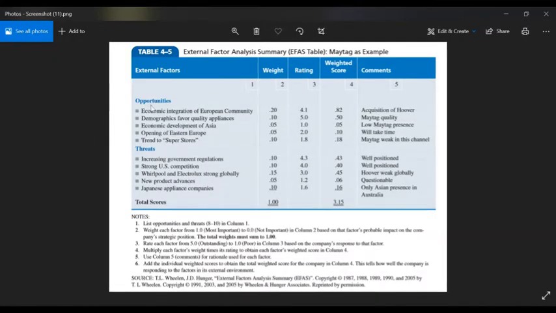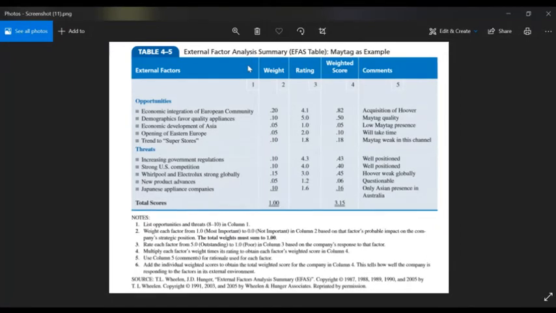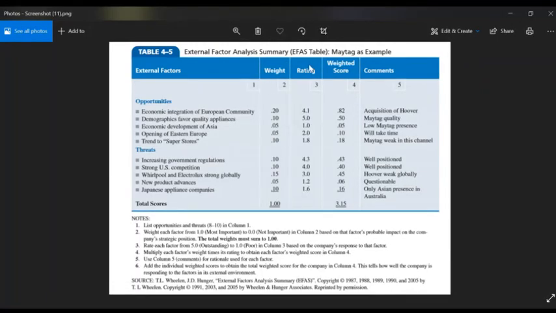Okay, this is the EFAS table. We may take Maytag as an example. This is a company from America. The product is appliances. I think filling the EFAS table is almost the same as filling the industry matrix. You must have one column for external factor, one column for the weight of the external factor, one column for rating, one column for weighted score, and comment.